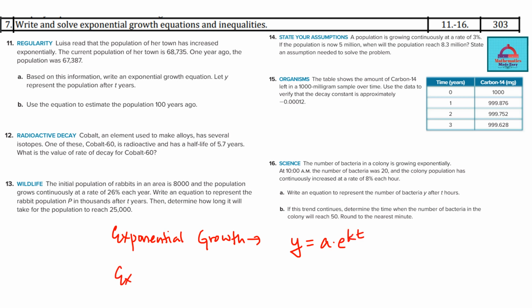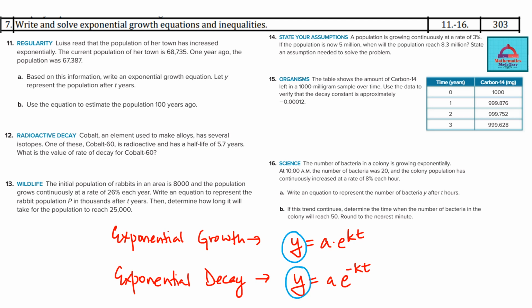And if you see the word exponential decay, decay means decrease, growth means increase, then the same formula will work. The only difference is the sign. So negative kt, because this is a decrease happening. Now y will represent the amount after t time has passed. A, for both formulas, is the same, which is the initial amount. It will be given to you in the word problem.